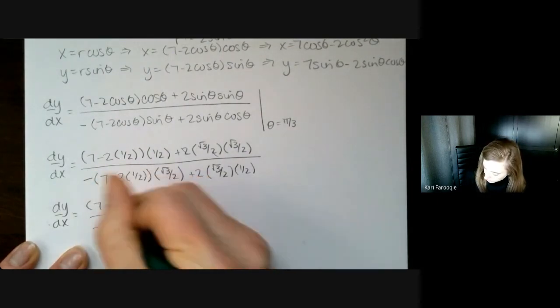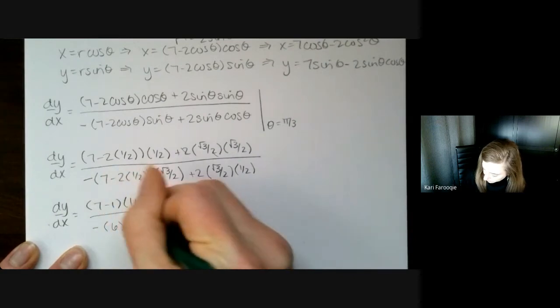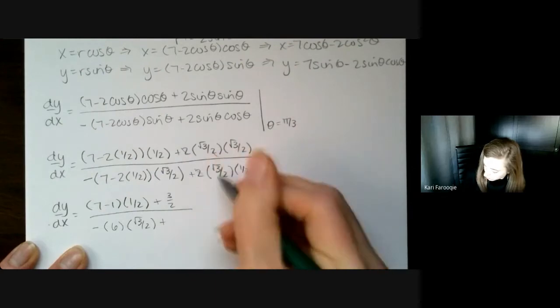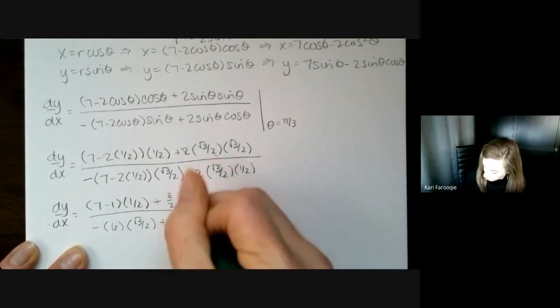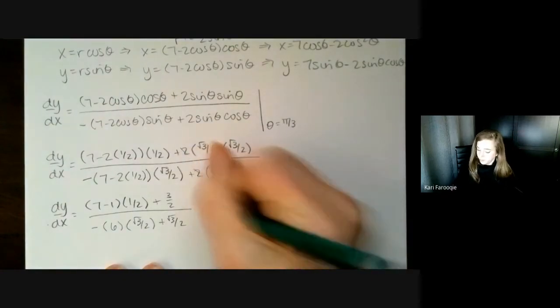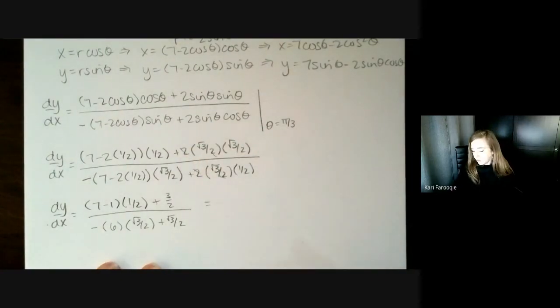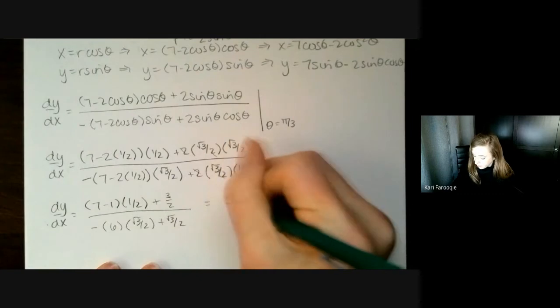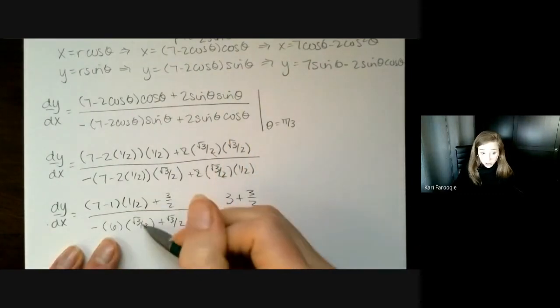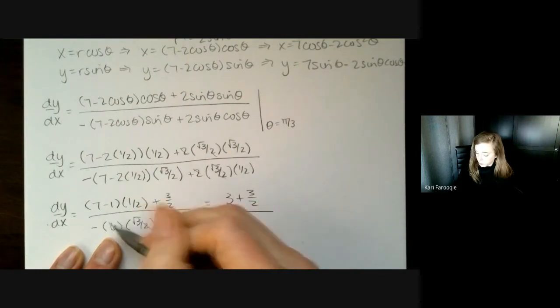Minus 7 minus 1 is 6. Root 3 over 2 plus 2 of those will cancel out, and I'll just have root 3 over 2. 6 times a half is 3. And then here I can cancel out a 2 between the 2 and the 6.